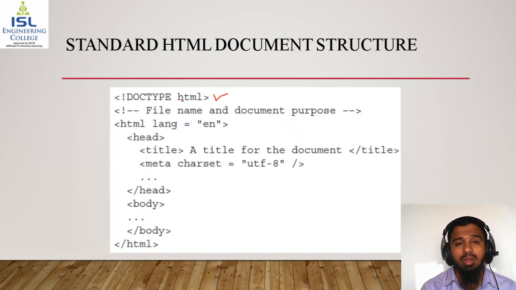Next, here sometimes this is called a comment. This is nothing but a comment, meaning file name and document purpose. If you write the code, you may forget, so this is especially for the developers who are developing web pages or websites.